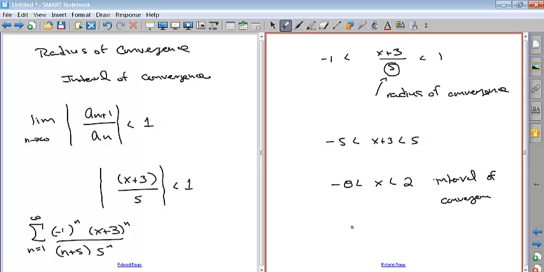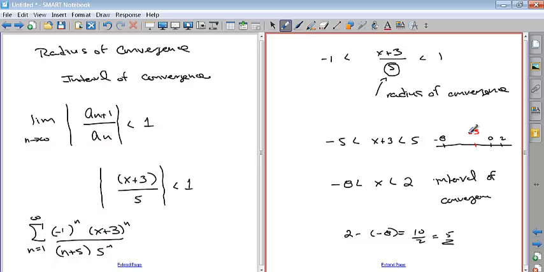And you can tell if you take 2 minus a negative 8, which is 10, and you divide by 2, that's 5. If you draw it on a number line, let's say this is 0 here, and that's 2, and that's negative 8. The center point is actually x equals negative 3.